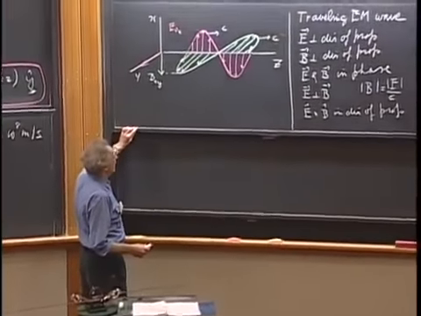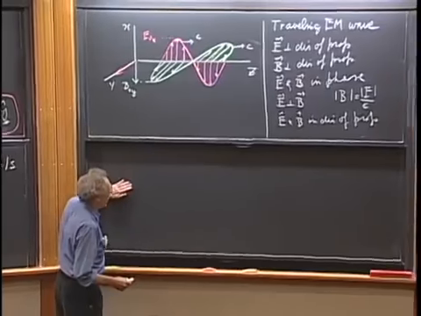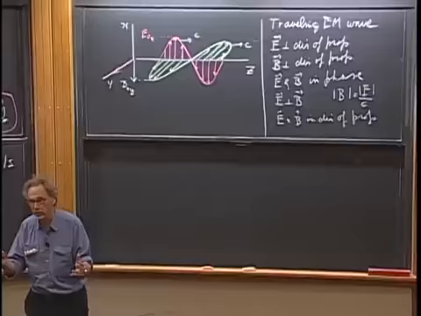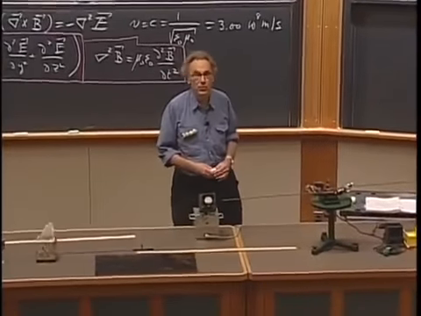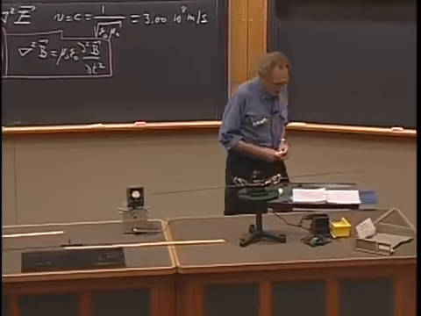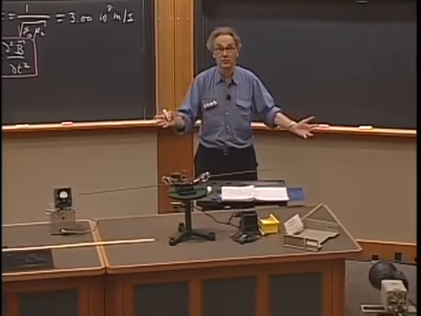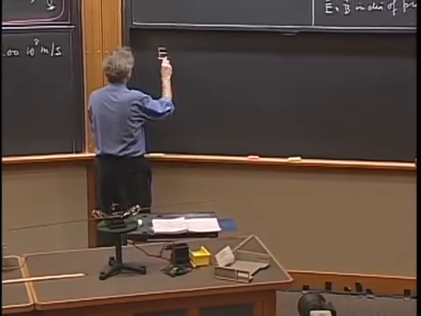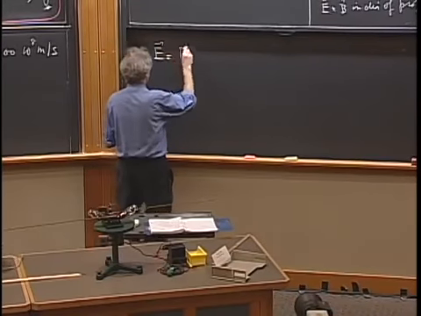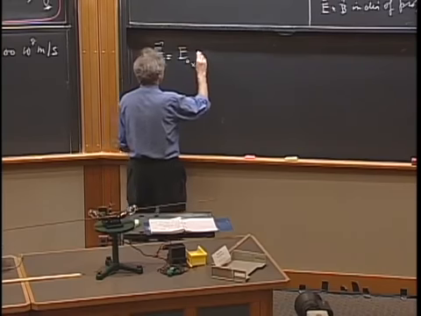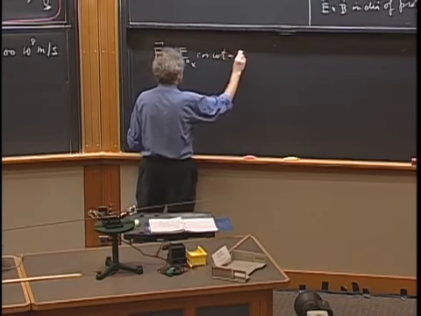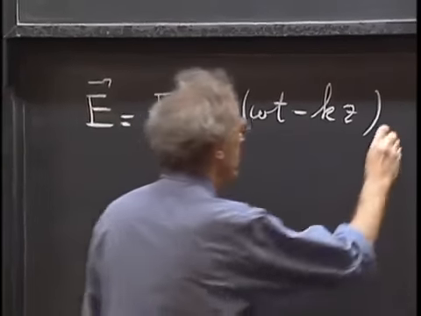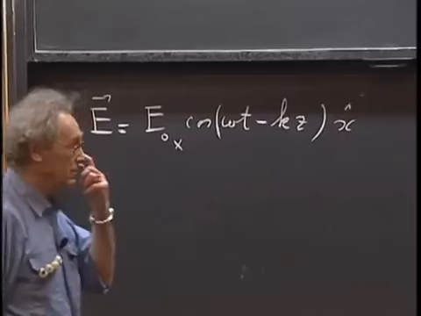So therefore, I can now write a somewhat more complicated form for a traveling wave, in which I give it both a component in the x direction as well as a component in the y direction, and I can even change the phase between the two. In other words, the following E vector is perfectly kosher: E0x times the cosine of omega t minus kz, that would be in the x direction.